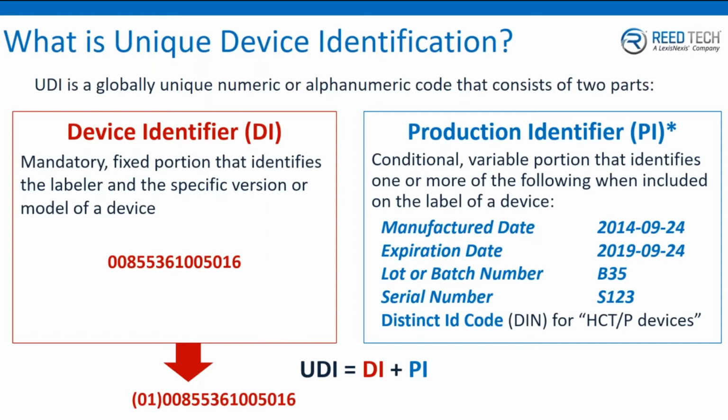So the 01 identifies those particular digits as a device identifier. And in the same fashion, the (11), (17), (10), and (21) identify various values in the production identifier. So the full UDI would be all those digits that we see in front of us.